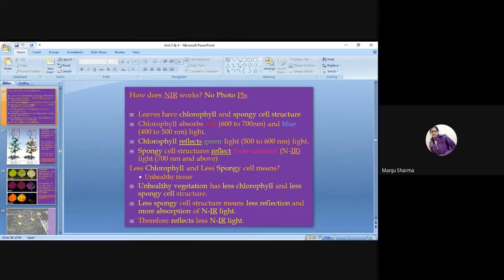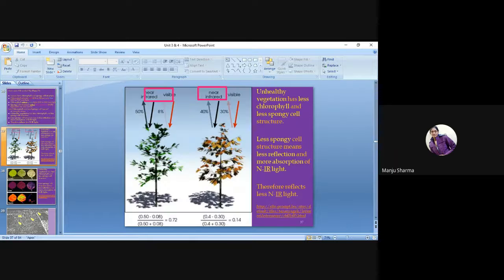Less spongy cell structure means less reflection and more absorption of near infrared light, and therefore it reflects less near infrared light. Thank you.